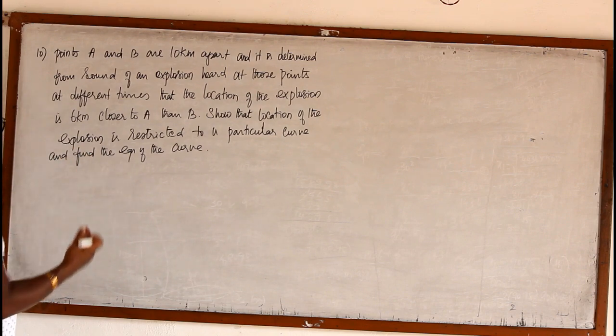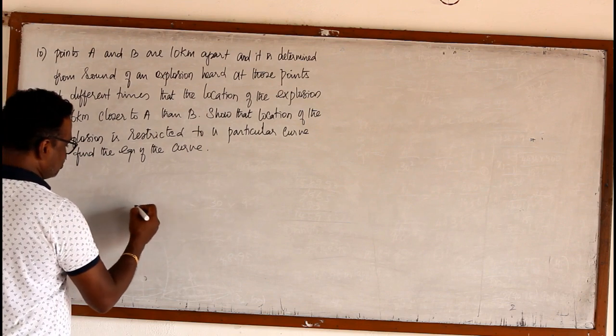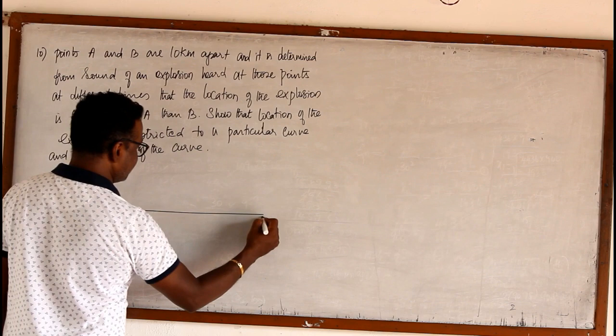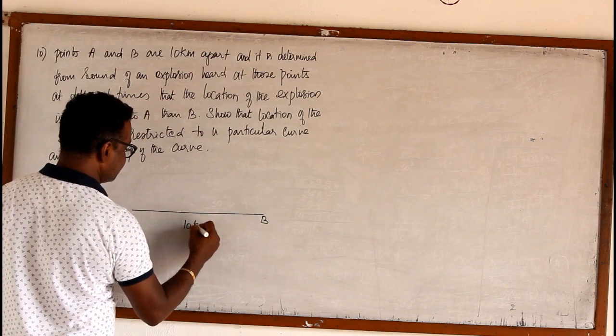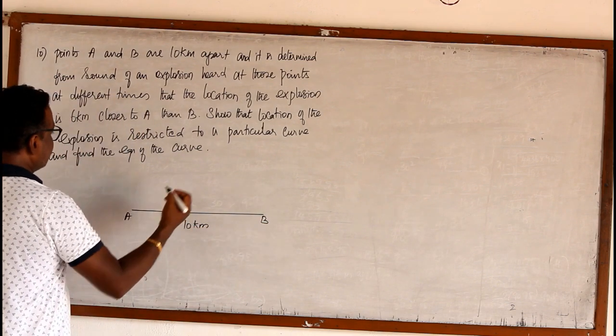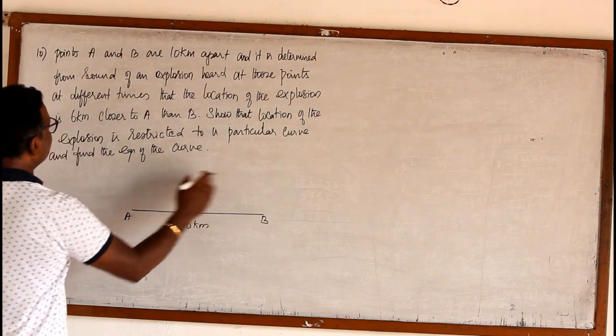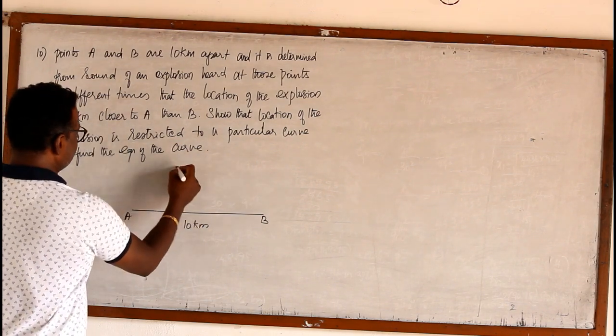Find the equation of the curve. So shall we say like this, 2 points A and B are fixed, and the distance between them is 10 km. An explosion is happening somewhere at P, where 6 km, so P may be here.